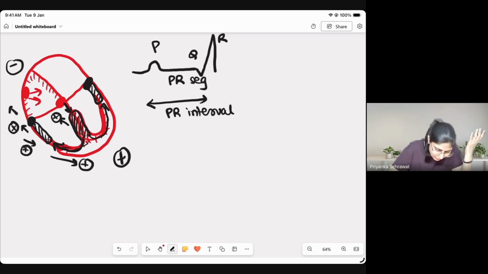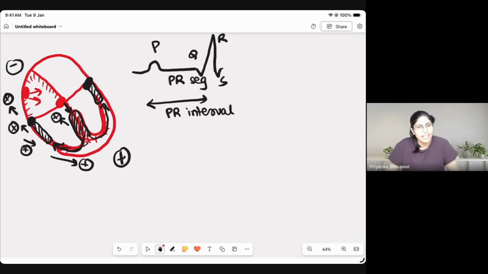So ultimately, at the end of ventricular depolarization, we are getting a positive charge going towards the negative dipole. So what do we get? We get a very small S wave.